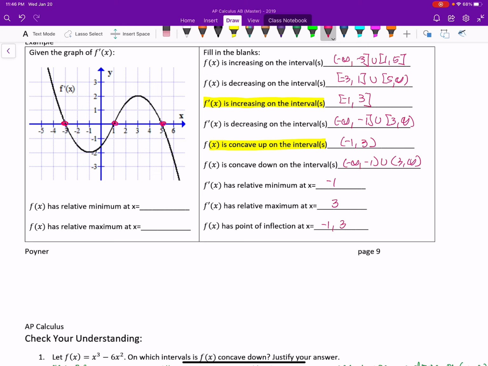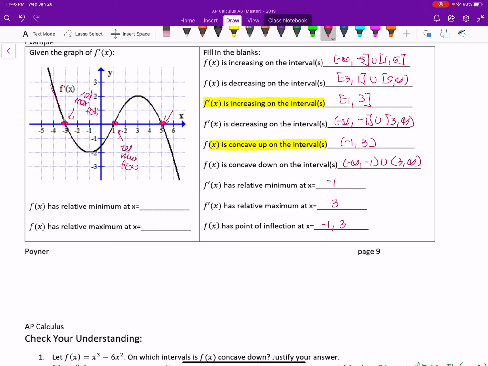I just have to determine if it's a relative max or a min. If f prime is positive, that means f of x is increasing and then decreasing. So right here, that would have to be a relative max of f of x, and right here would be a relative min of f of x.